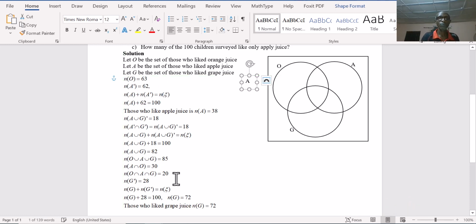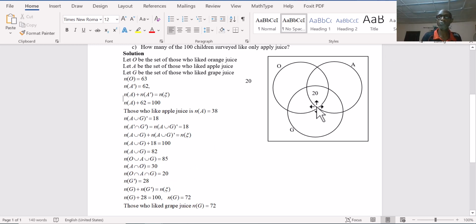From the information we are given, those who like all the three juices is 20. So we can easily represent that. That's 20. Those who like all the three juices is 20. So I'm putting 20 here. The next thing is, if you look at this set, another thing we are given is A intersection O. That is this portion.